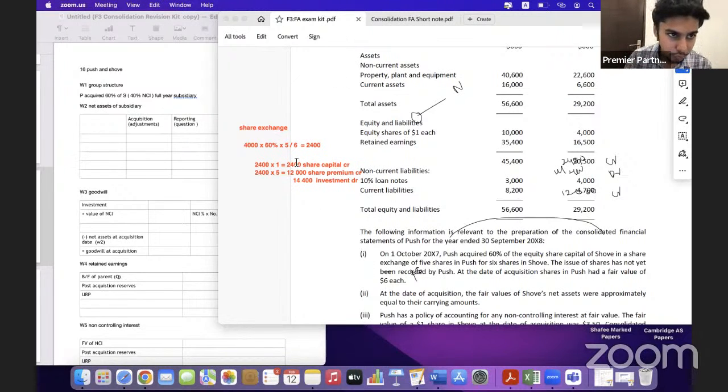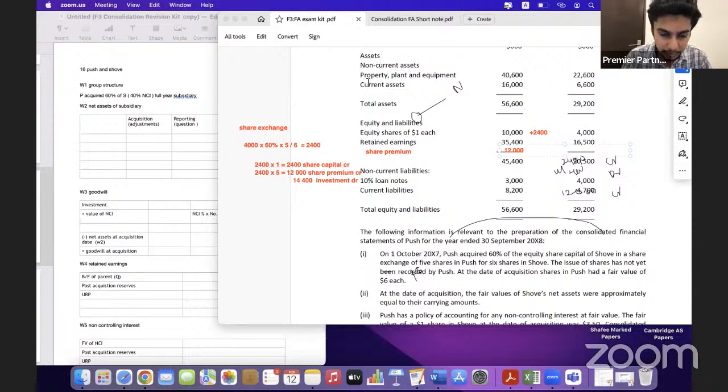If the parent gives shares, parent shares will increase by 2,400. Parent forgot to mark this. So if I am to mark this, how will it work? Share capital credit means parent share capital will increase. Share premium credit: there is no share premium, so we have to create one. Share premium will become credit 12,000 in the SOFP. And then investment debit.